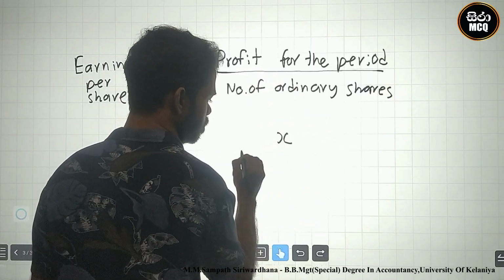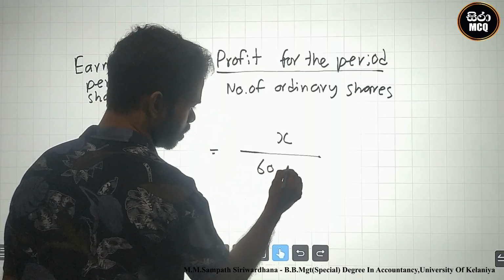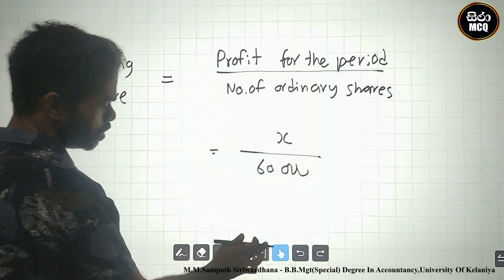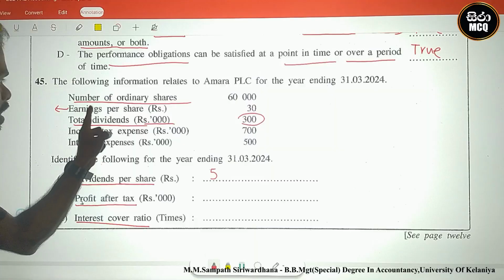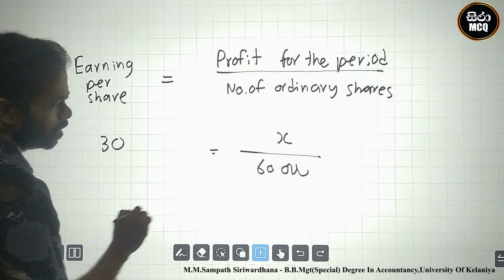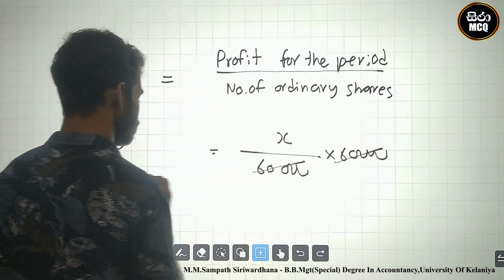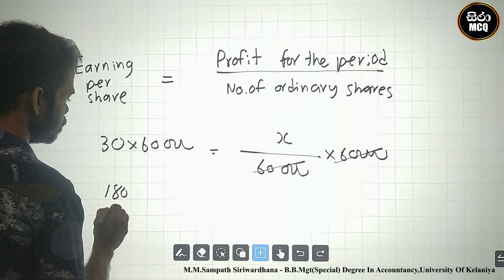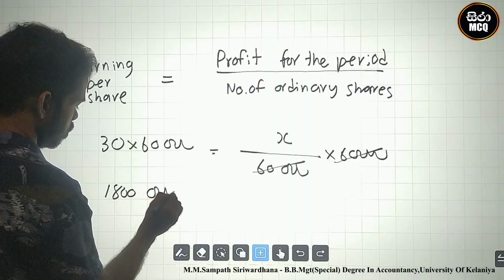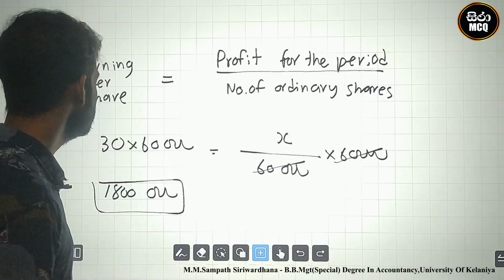Profit for the period is X, which we don't know. The number of ordinary shares is 60,000. Earning per share was already given as 30 rupees. Therefore, X equals 30 multiplied by 60,000, which is 1,800,000, or 1.8 million rupees.